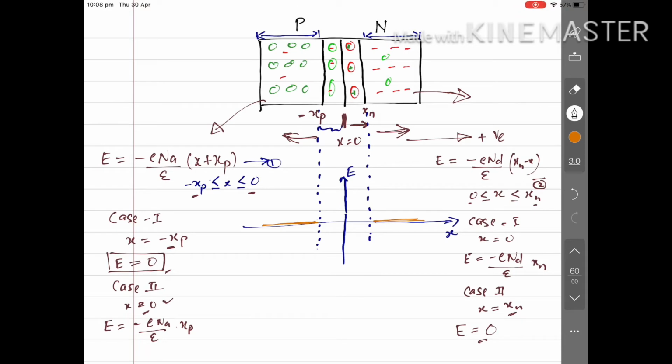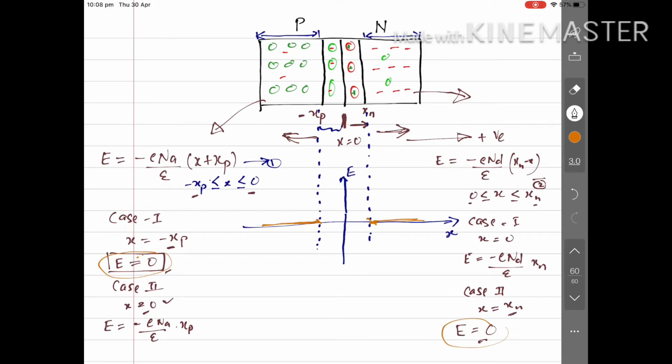Here it is x of P and here it is x of N, and we have already calculated that the field there is 0. So at this point also the electric field would be 0.